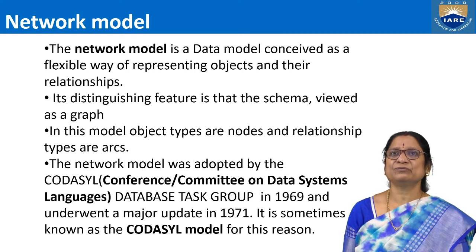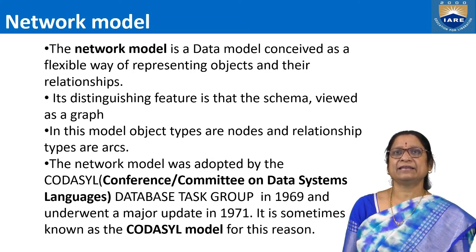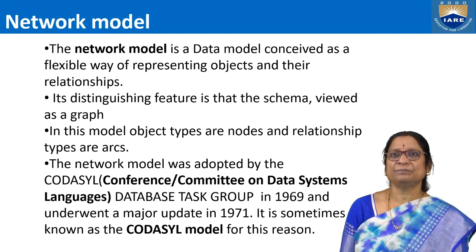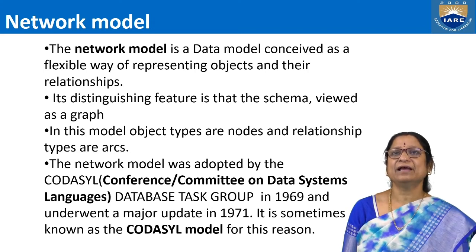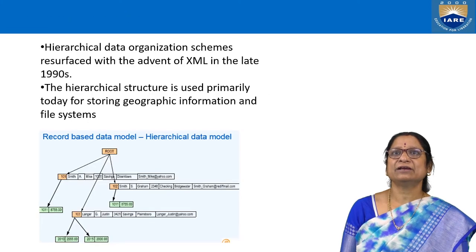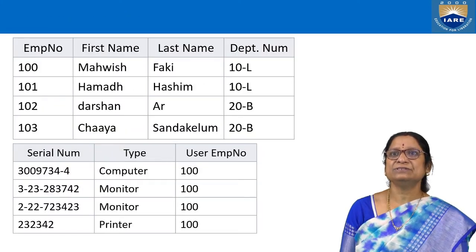The second category of record-based model is the network model. The hierarchical model has a few problems, and the network model was introduced to overcome them. Because of hierarchical storage, most of the data gets repeated. As you know, you observe here how the data was repeated: user and employee information 100, 100, 100 was repeated.